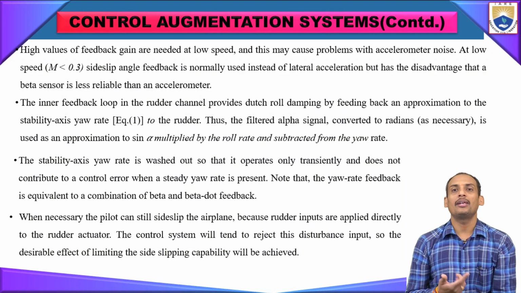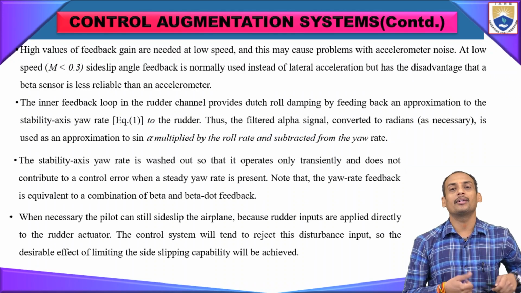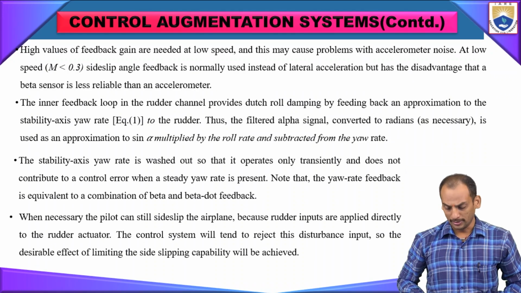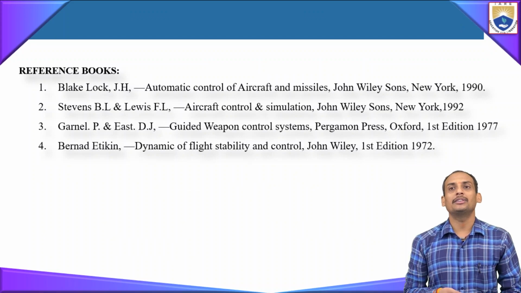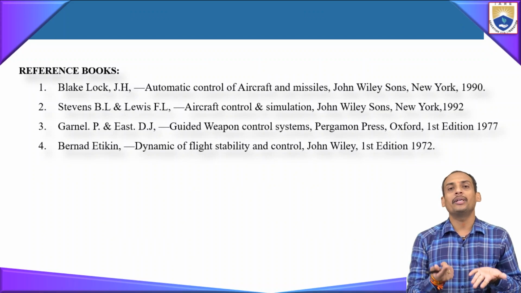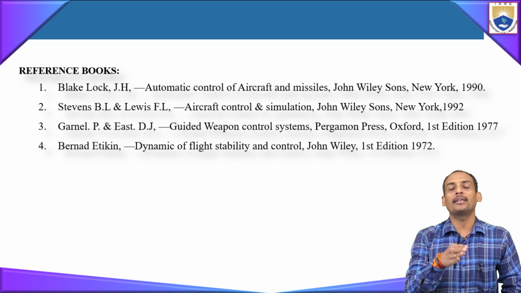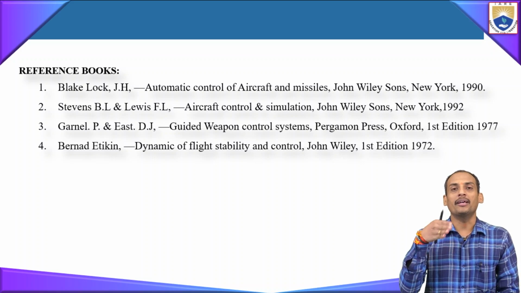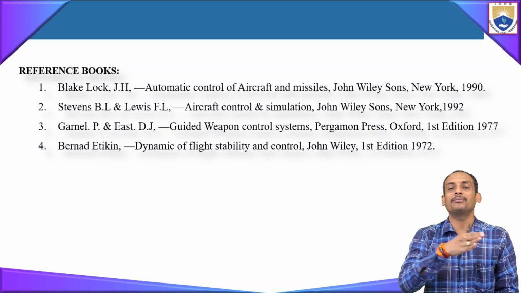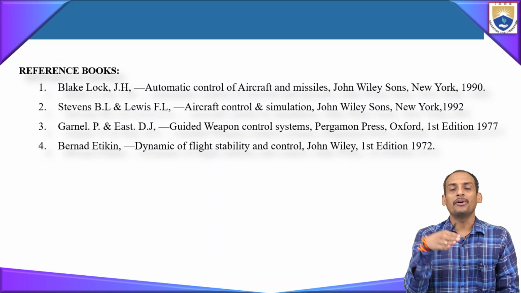So this is all about this CAS system that has been installed for controlling the lateral direction and avoiding higher pitching rates and rolling rates, and avoiding the stalling region.